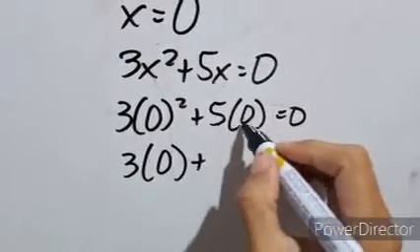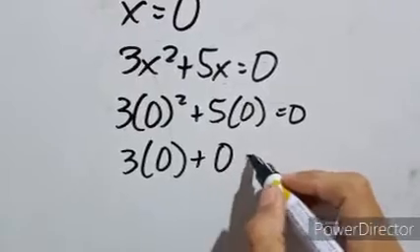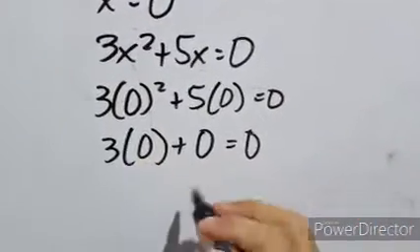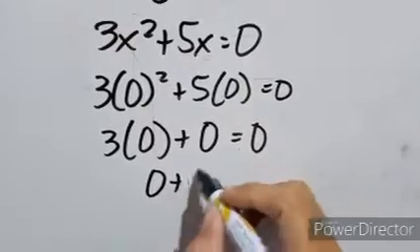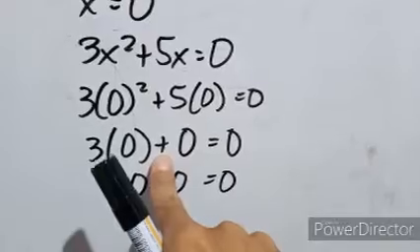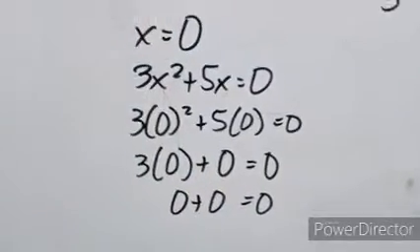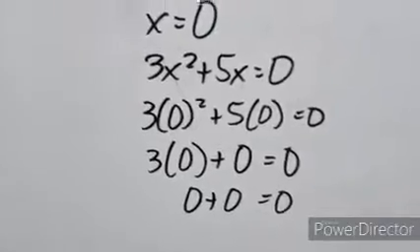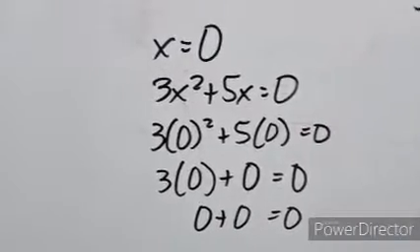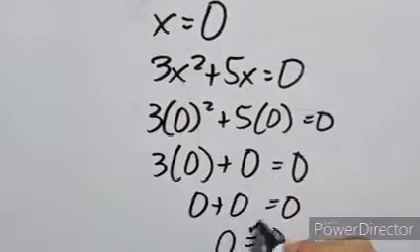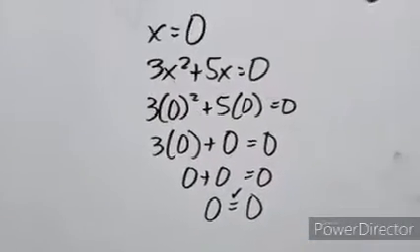Plus 5 times 0, 0 na siya, is equal to 0. 3 times 0, 0. Plus 0. Pansin nyo, hindi ko agad siya tinatanggal or ini-add dahil sinusunod natin yung tinatawag nating PEMDAS or order of operation. 0 plus 0, 0. So, balance na ang ating equation.